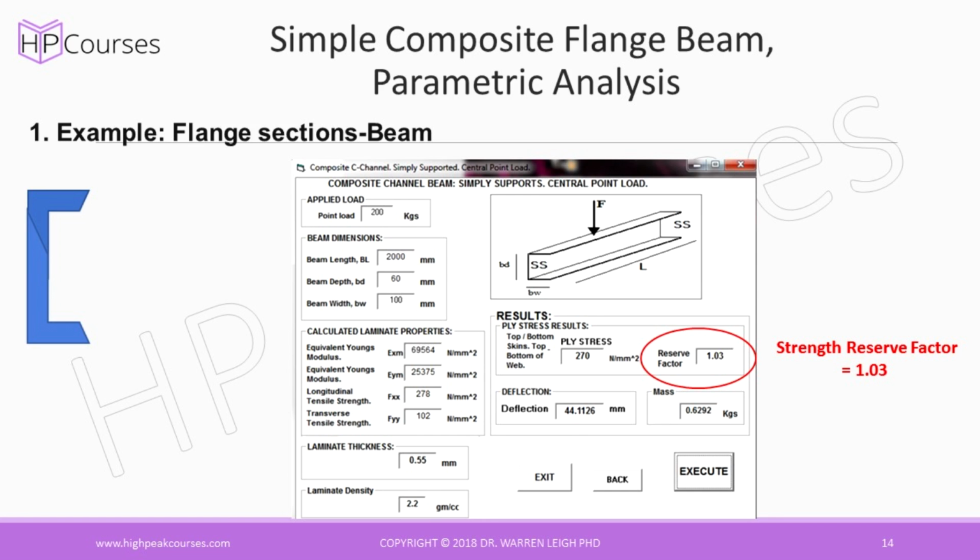Because 1.03 is greater than the numerical value of 1, this indicates that the C-channel beam of the dimensions tried and made from the carbon fibre composite and its properties has sufficient structural integrity to withstand an imposed load of 200 kilograms. CSAMs is an ideal software to be treated as a parametric tool. Many variations of beam dimensions and properties can be calculated and can be tried very quickly.